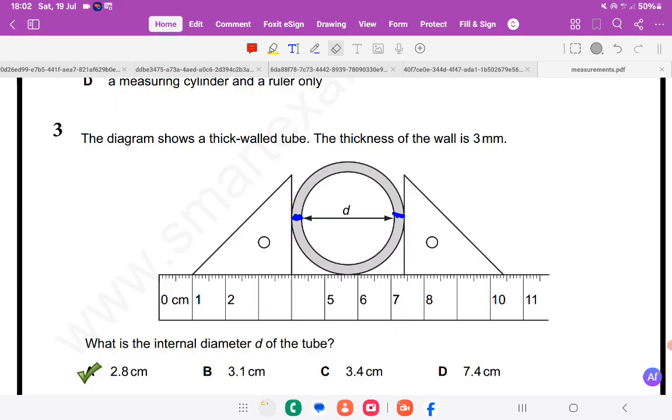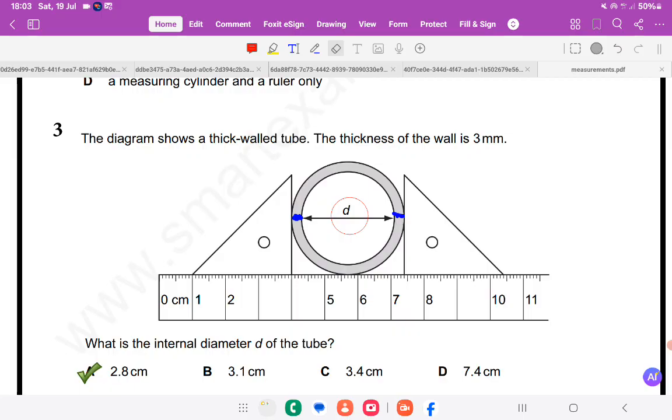Okay. So we have a ruler here being used to measure the diameter. Here the intention is to find this diameter. So what is the internal diameter of the tube? In other words, what's the value of D?